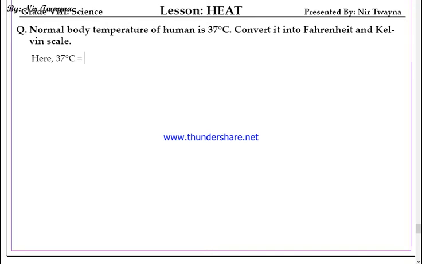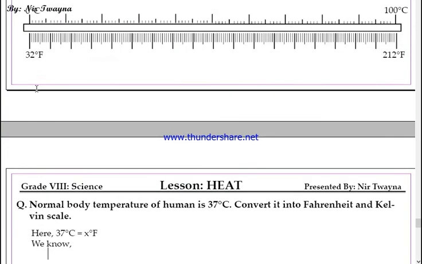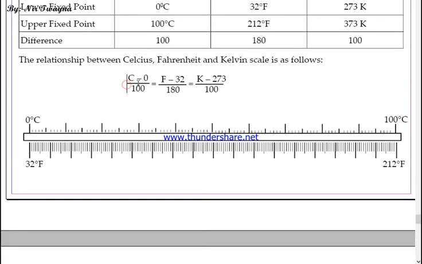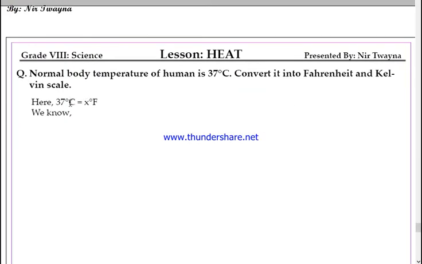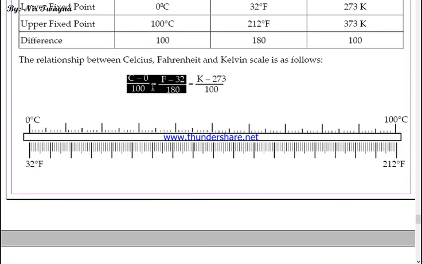We don't know. Let's say x degrees Fahrenheit. We need to use the same relationship. Since we need to convert Celsius into Fahrenheit, we have to take the relationship of Celsius and Fahrenheit.